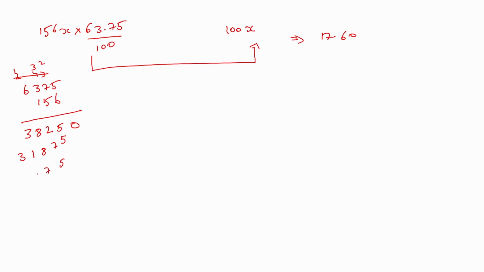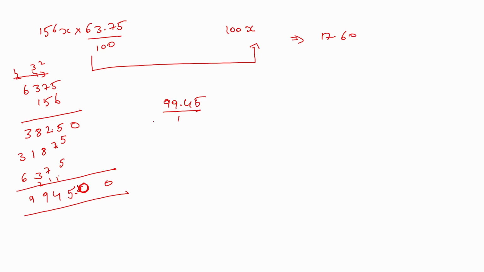Adding everything gives 9945.00. As it is divided by 100, I would shift the decimal 2 places to the left. So that would give me 99.45.